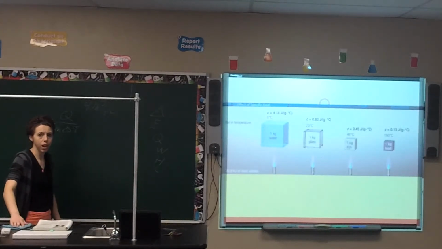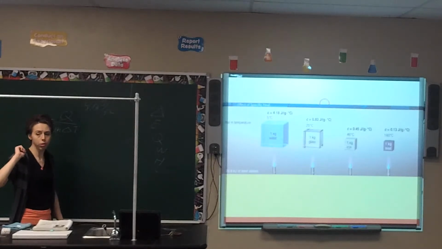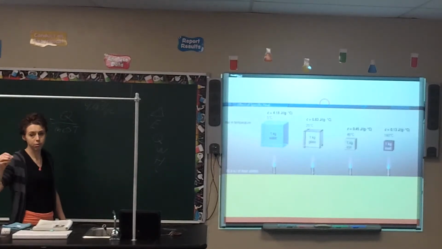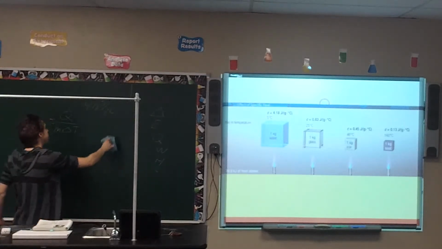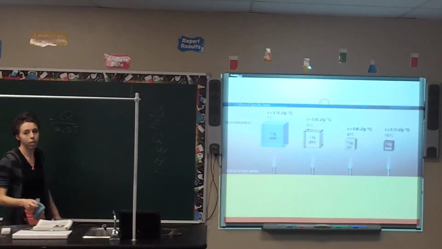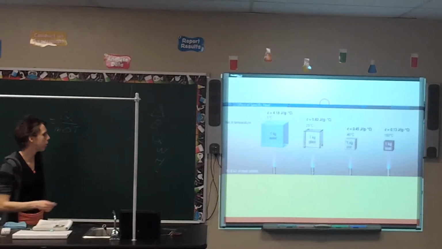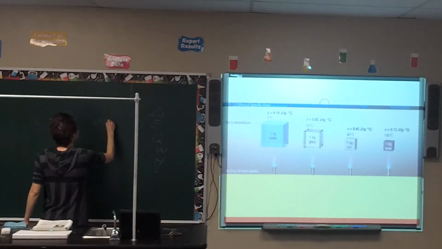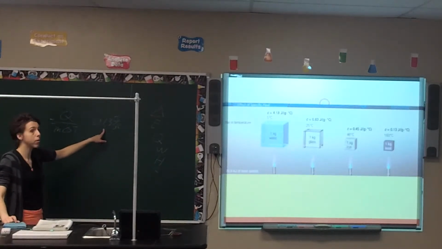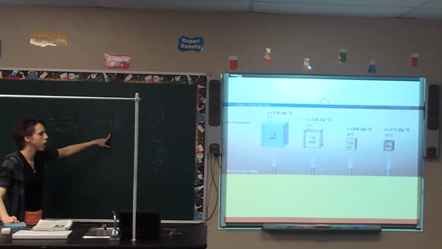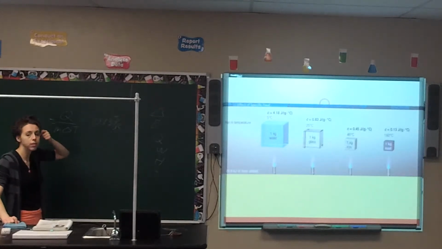And so because of that, if you want the temperature to change, you're going to have to add in a bunch of energy. While other types of metals or substances, their specific heat is a lot lower. So, for example, lead has 0.13 joules per gram degree Celsius. So for this one, you only have to add 0.13 joules to cause 1 gram of lead to rise 1 degree Celsius.